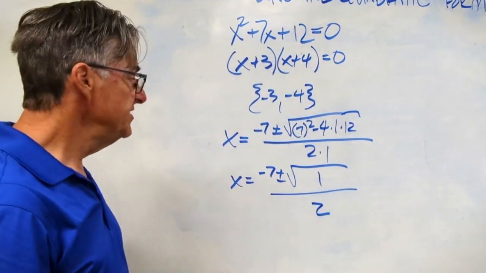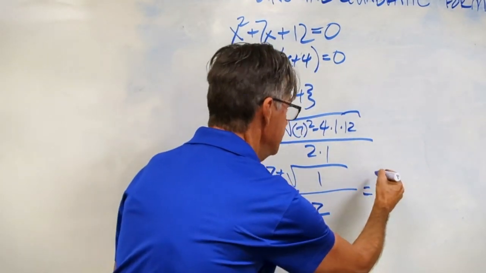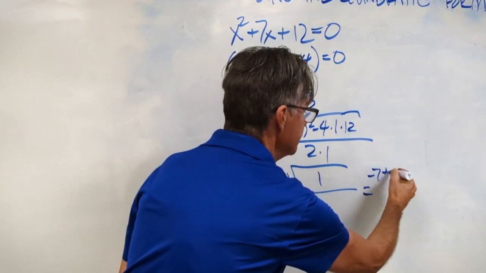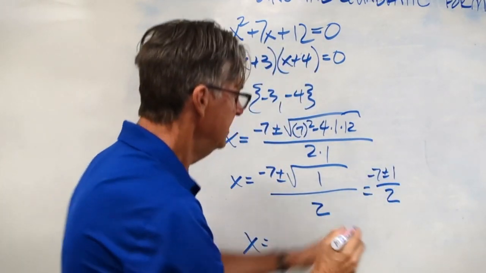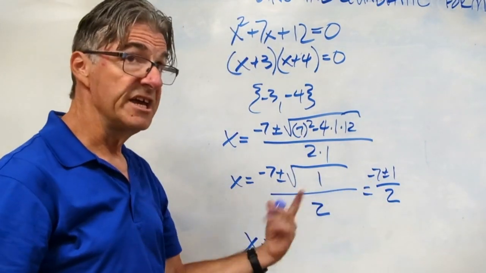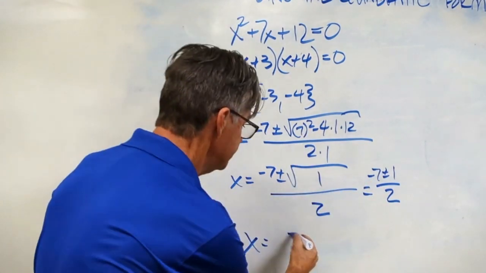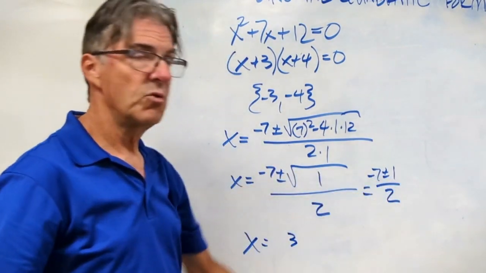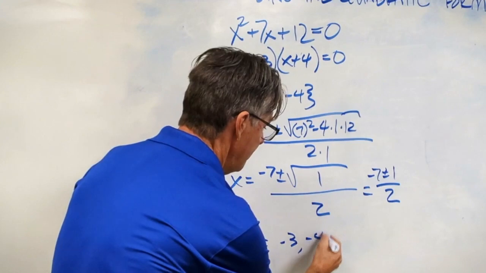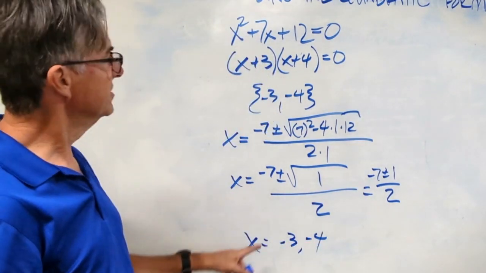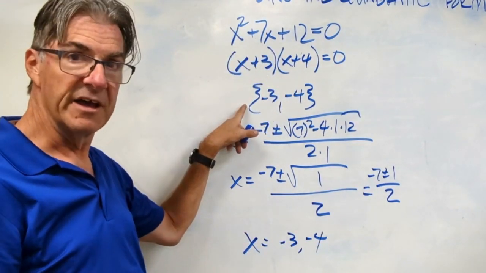Now the square root of 1 is just 1, so this becomes negative 7 plus or minus 1 over 2. Now that's going to give us negative 7 plus 1 is negative 6 over 2. That gives us 3. And negative 7 minus 1 is negative 8 over 2. And that gives us negative 4. So those are our two solutions, just like we got that way.